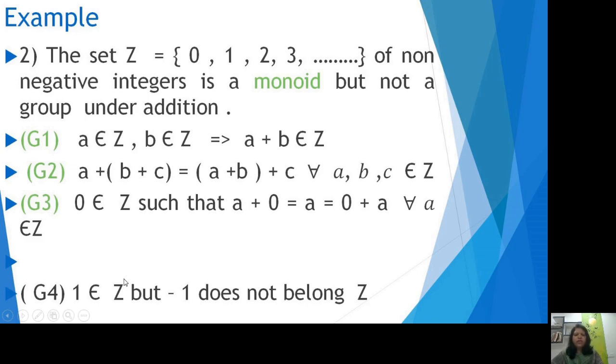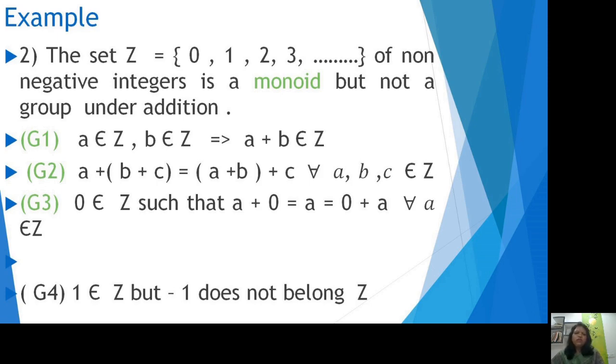The fourth axiom is for inverse. So what is the inverse? Inverse is nothing but when we operate it on any element, it gives us the identity element. So if we take any integer, then we must have for each element another element such that after addition it will give us the identity element, that is 0.